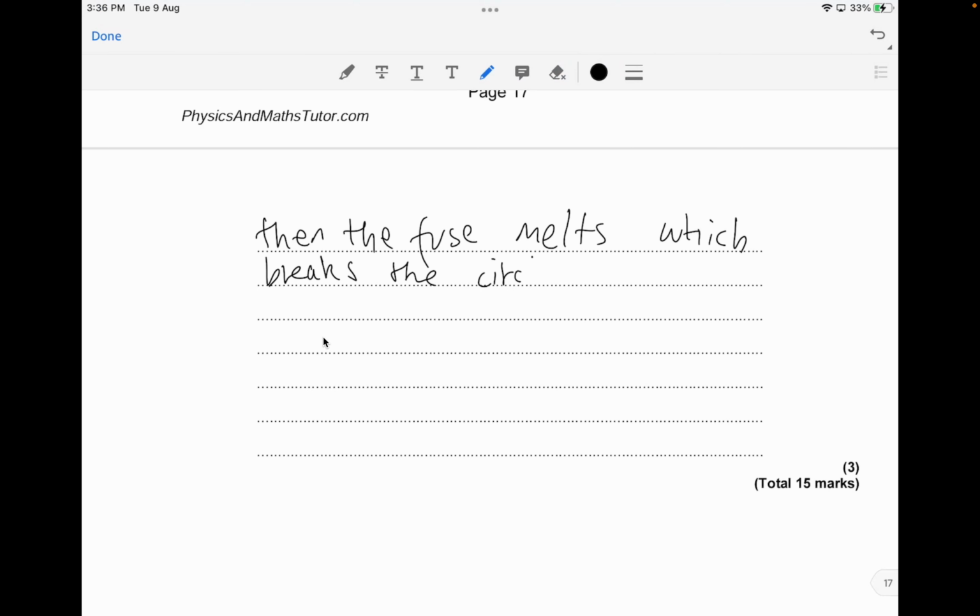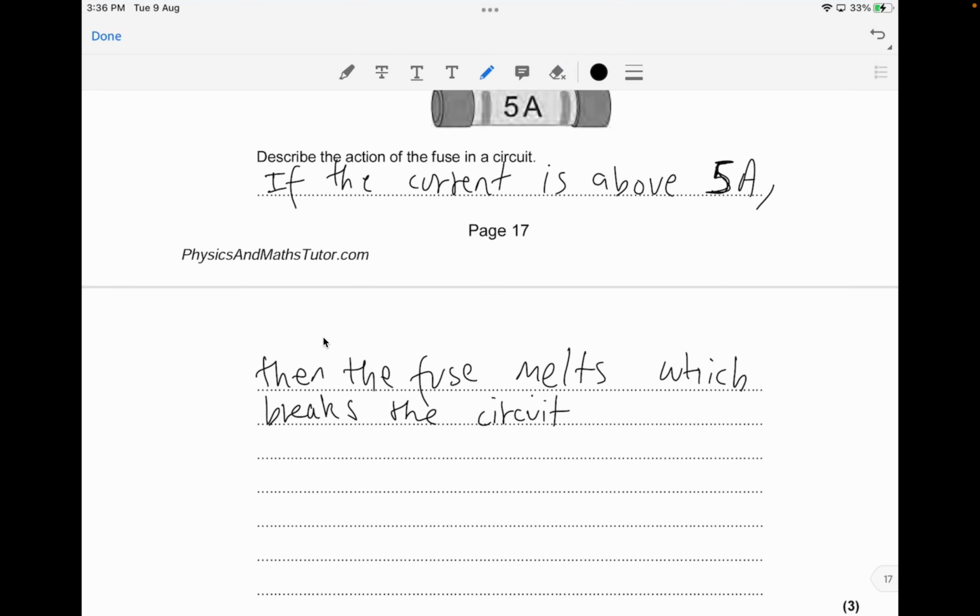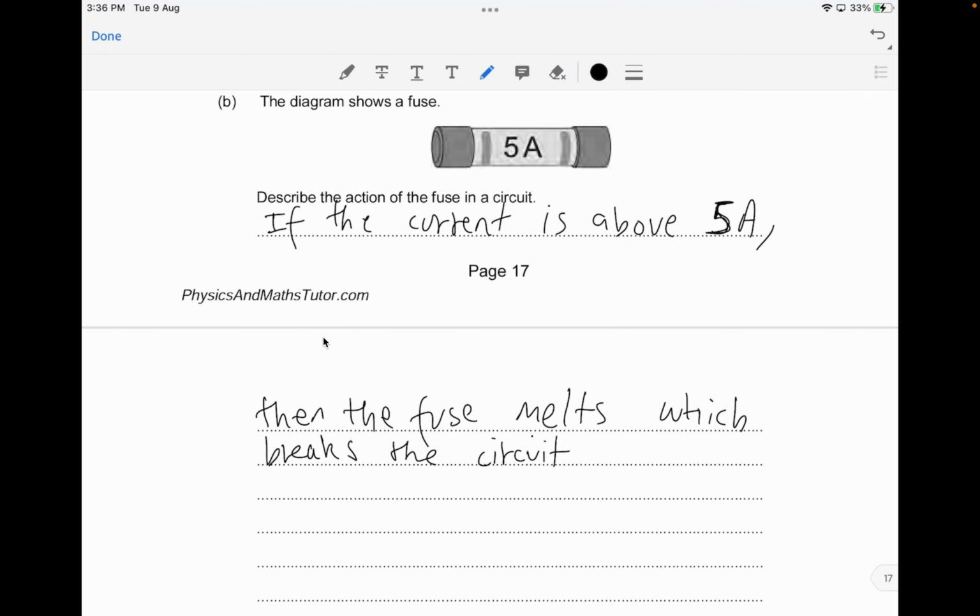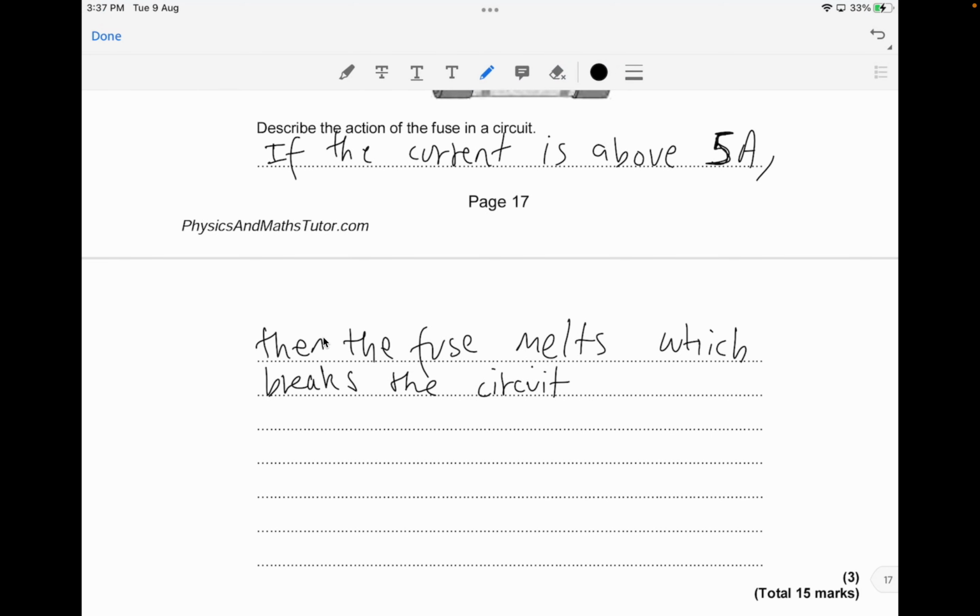So these are the points that you guys are going to mention for 3 marks. If the current is above 5 amps, or the value of the fuse, it's going to melt, blow or break. Those words are also allowed. And which indirectly breaks the circuit. So you're explaining why the value of the fuse causes the fuse to melt, and why it indirectly breaks the circuit, which explains the action of the fuse. You're going to mention that if the current is above 5 amps, the fuse melts, blows, or breaks, and which indirectly breaks the whole circuit for safety reasons.